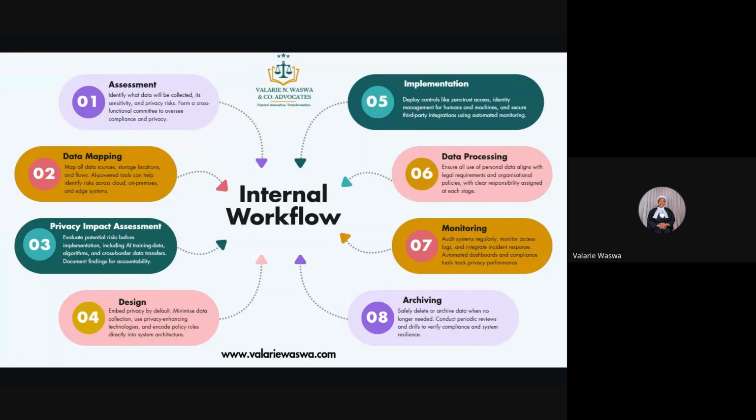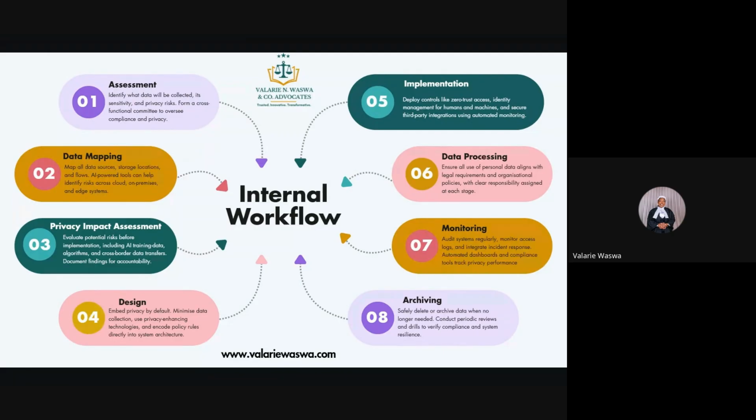So then the IT people need to come and see how they can automate monitoring of privacy and data processing. So this is just ensuring that use of personal data aligns with the legal requirements and organizational policies. And I'm assuming at this point we're thinking of having both internal and external data privacy notices and policies, among many other policies.